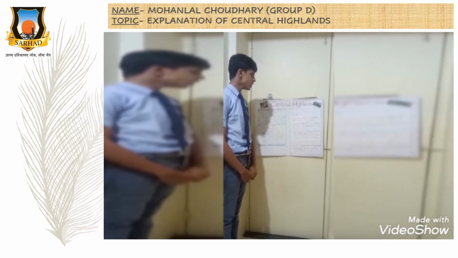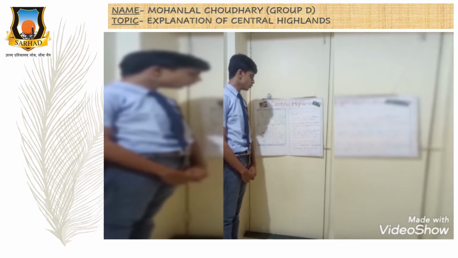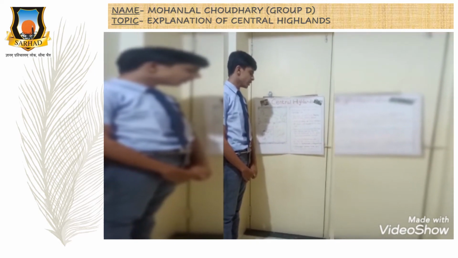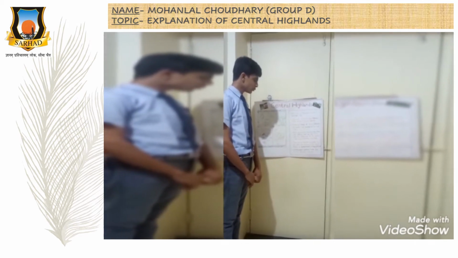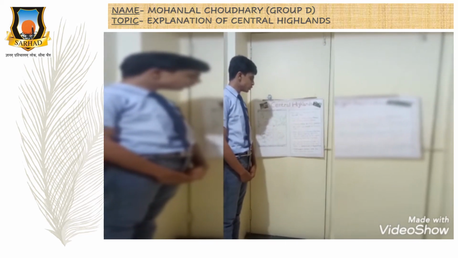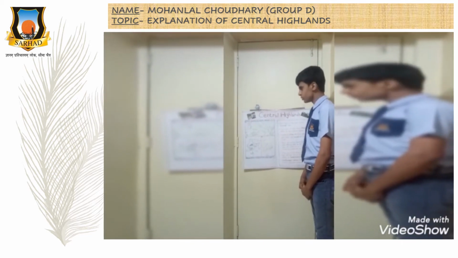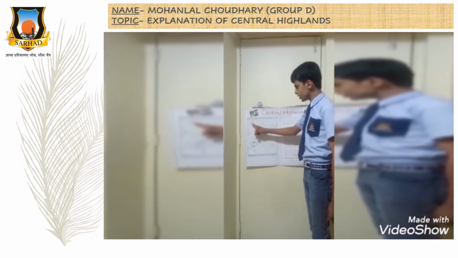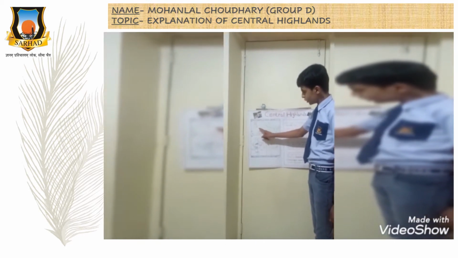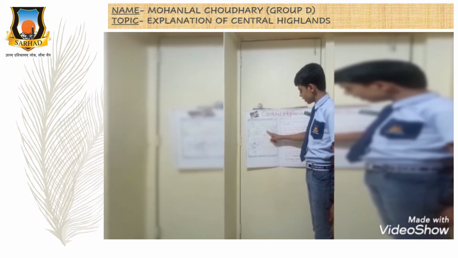The Central Highlands are wide in the west but narrow in the east, known as Bundelkhand and Baghelkhand. Chota Nagpur Plateau marks the furthest eastward extent. Physical features of Central Highland: Thar Desert, Aravali, Central Highland, Vindhyas, Satpura, Chota Nagpur.